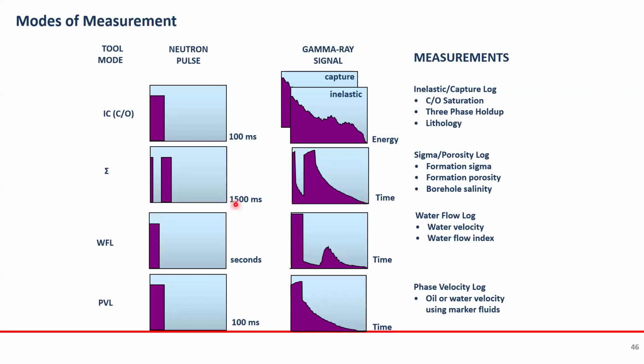Sigma, up to 1500 microseconds, gives formation sigma, porosity, and borehole salinity. Water flow log gives water velocity and water flow index. Three-phase velocity log gives oil and water velocity using marker fluids. Okay, sigma mode.